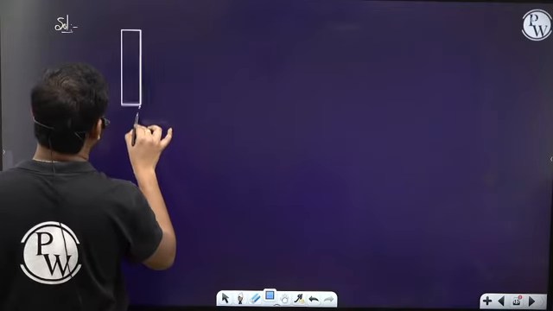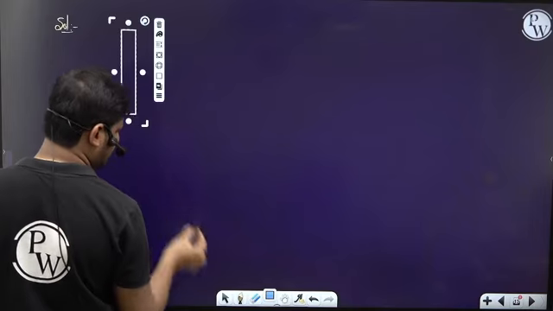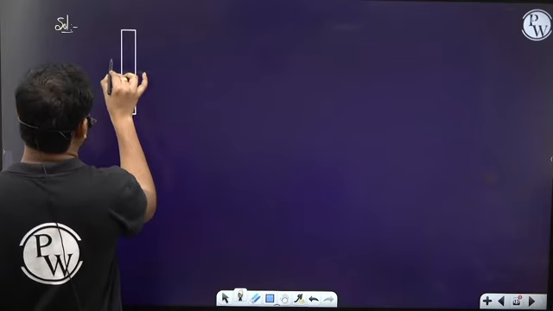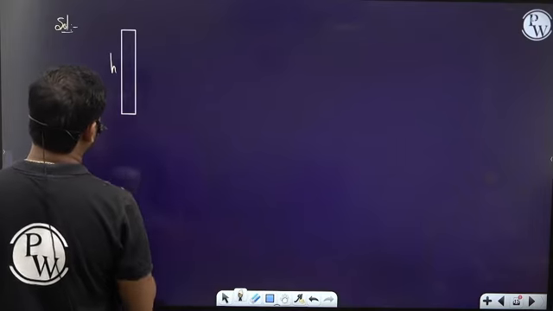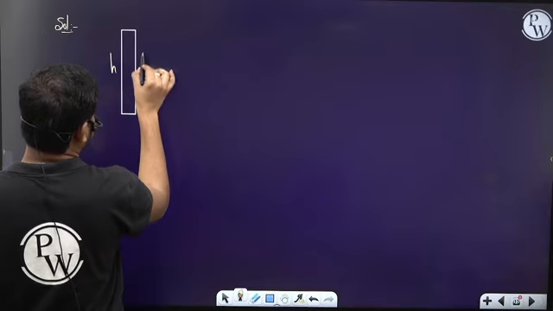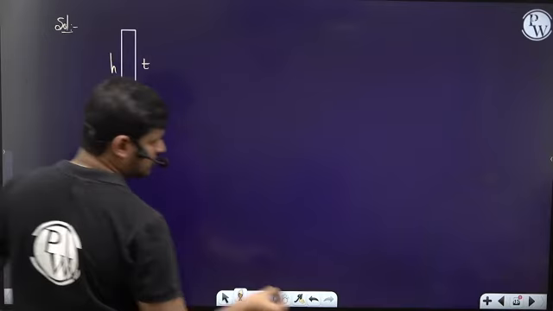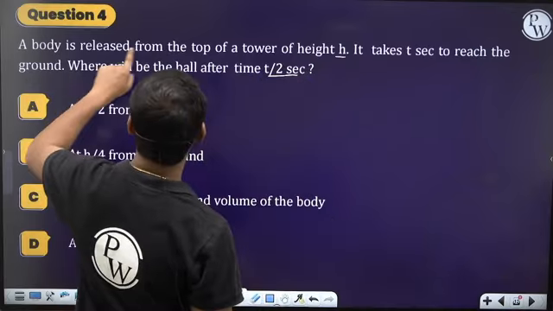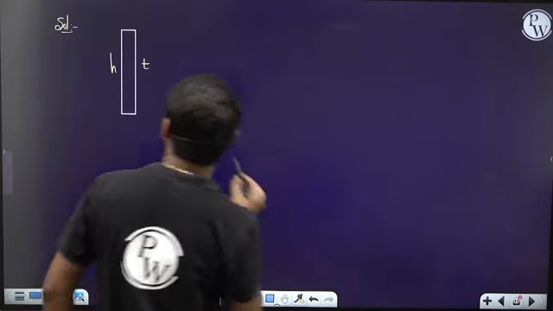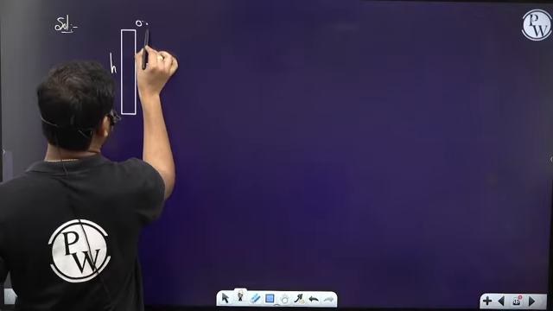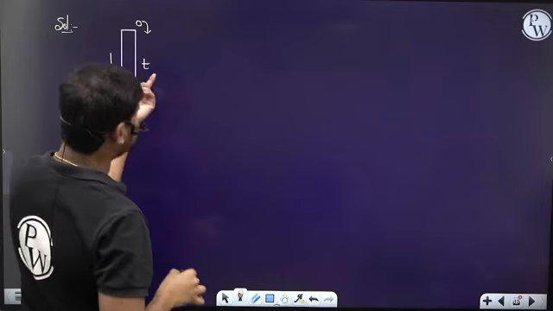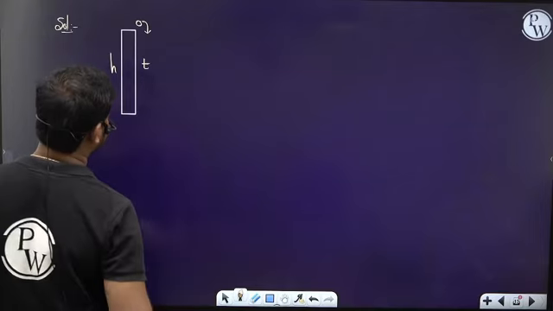See here. Let's consider this is the top of a tower, and let's consider the height h. Then it takes t seconds to reach the ground. A stone is released from here, let's suppose, and it takes time t seconds to reach the ground.